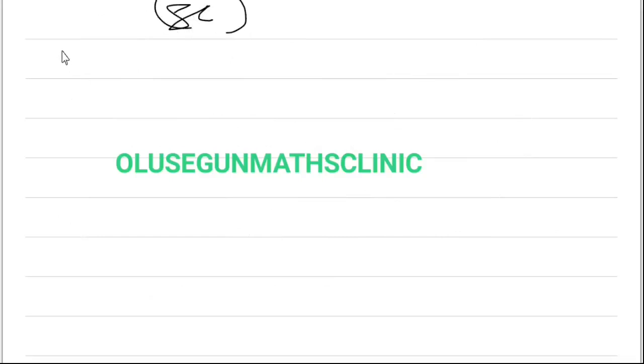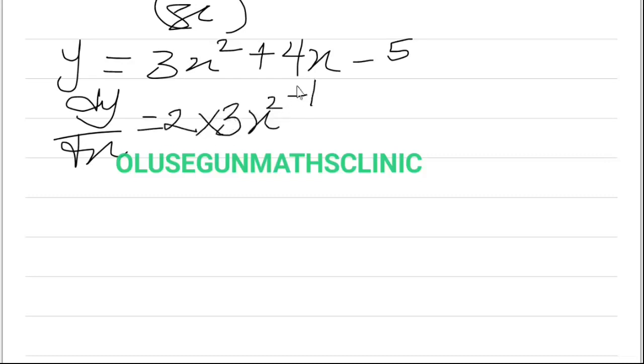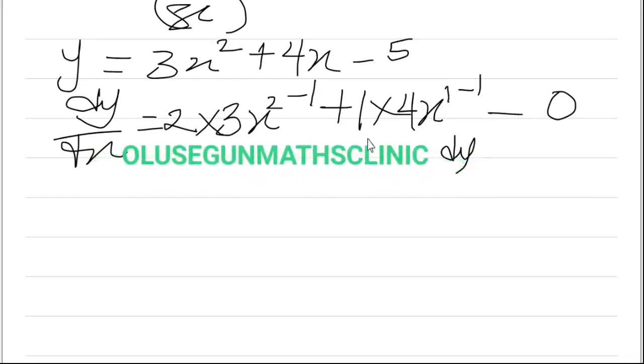is, if y is equal to 3x squared plus 4x minus 5, then dy/dx gives us 2 times 3x to the power 2 minus 1, plus 1 times 4 times x to the power 1 minus 1, minus 0, because it's a constant. Recall that the dy/dx formula is nx to the power n minus 1.